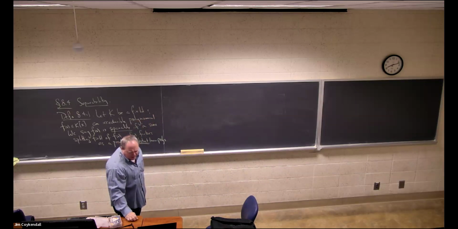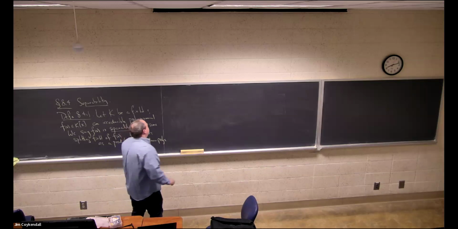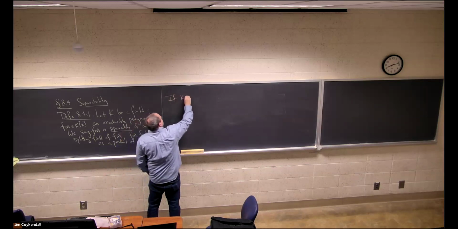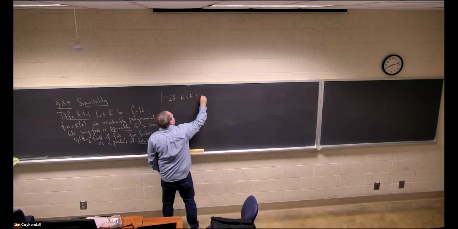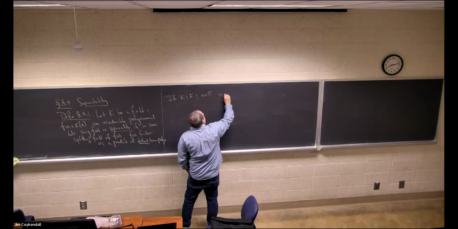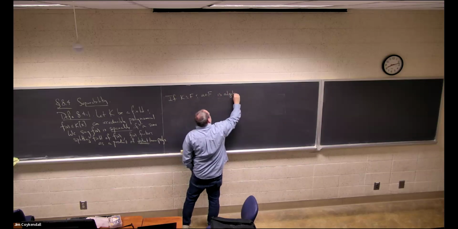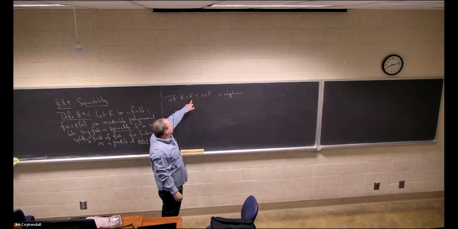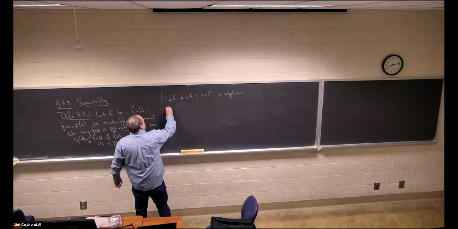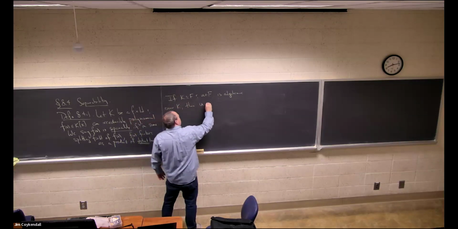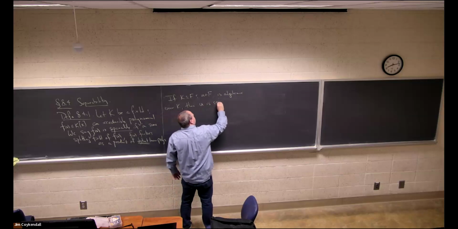Now, an algebraic element u in F is separable. So suppose you have F an extension field of K, and u in F is algebraic over K, then u is separable.